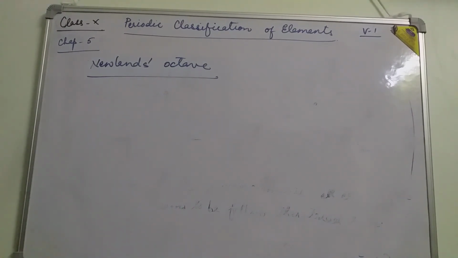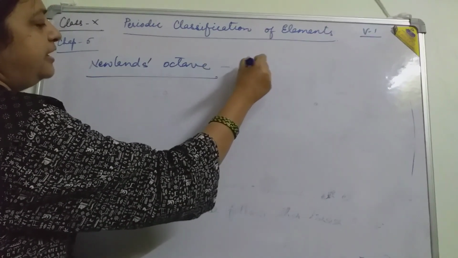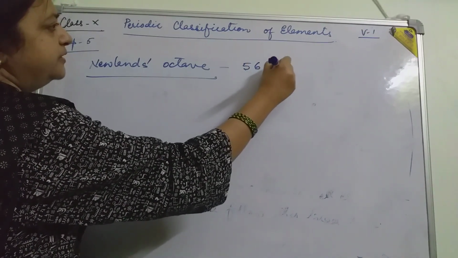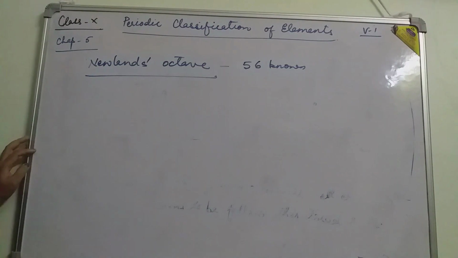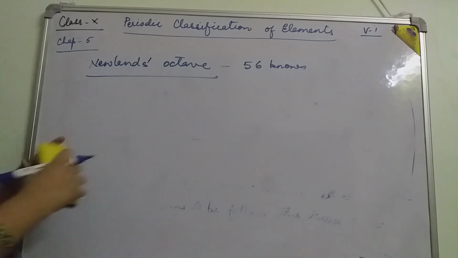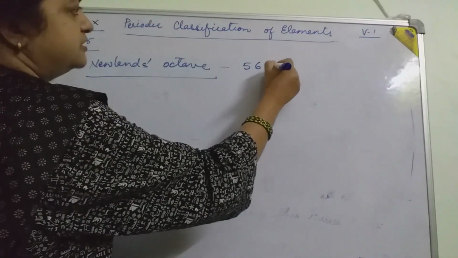In 1866, Alexander Newland arranged the then known elements in order of their increasing atomic masses, starting from hydrogen. At that time, the known elements were 56 elements.